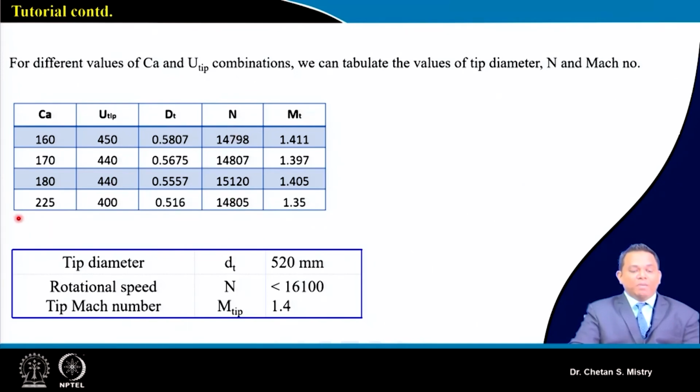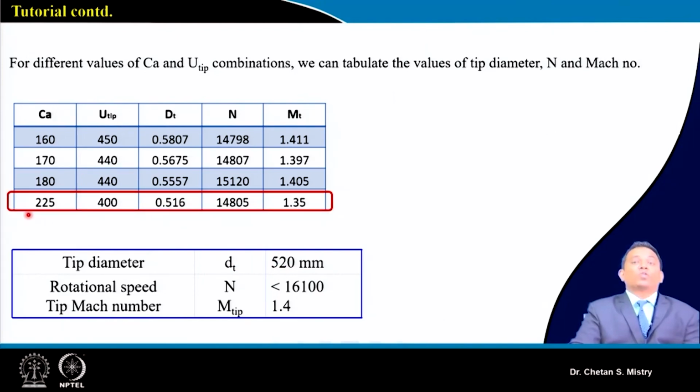But at the same time, we are constrained with our diameter, so we are looking for a diameter in the range of, say, 520 mm. That is the reason why we are safely selecting our axial velocity to be 225 meter per second.